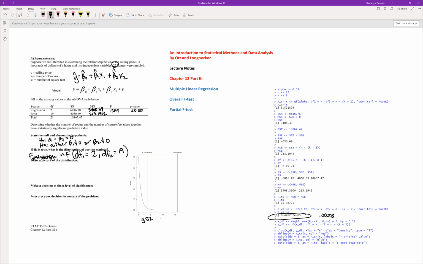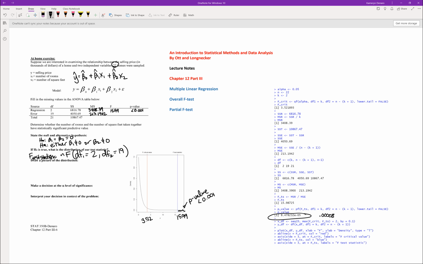All right, we are drawing a picture of this distribution. It's a right-skewed distribution. There's our critical value. Our test statistic was 15.99, far beyond our critical value, right? This p-value here is less than 0.001.